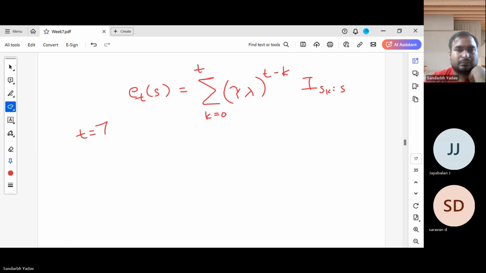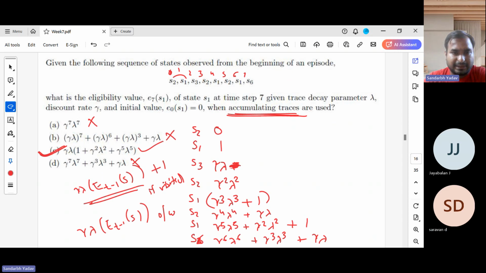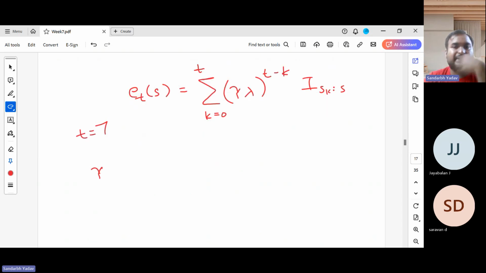So let's see, if we open it up, what are the values of k at which we have this state? Initially it was 0, then 1, 2, 3, then 4, 1, 4, and 6, right? So the values of k at which this indicator function will be 1 are k equals 1, 4, and 6.